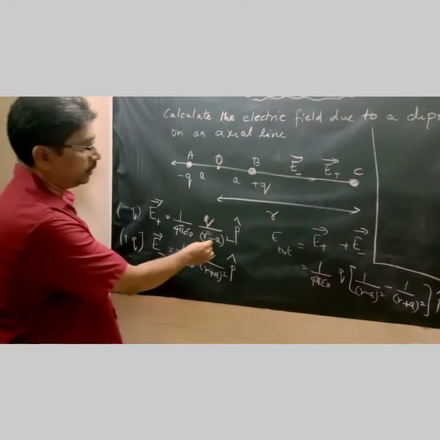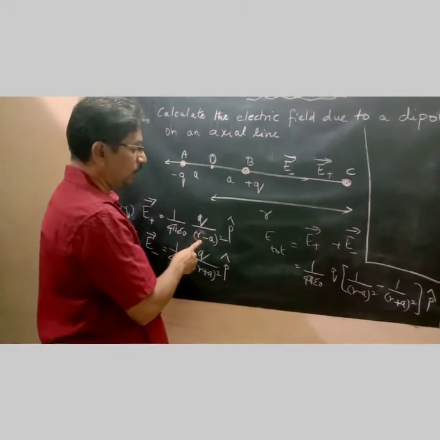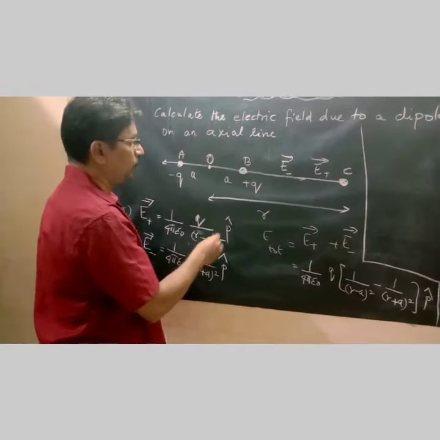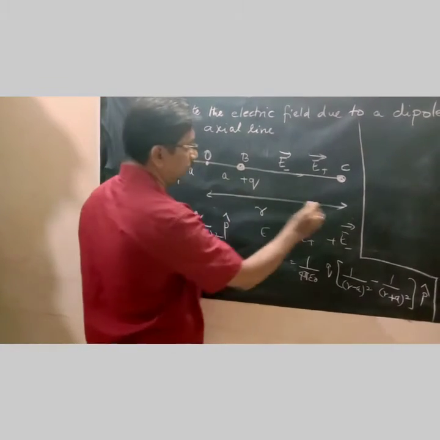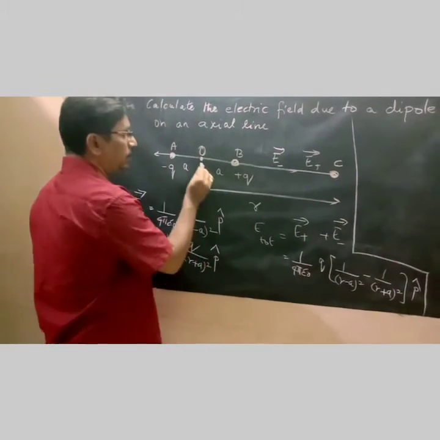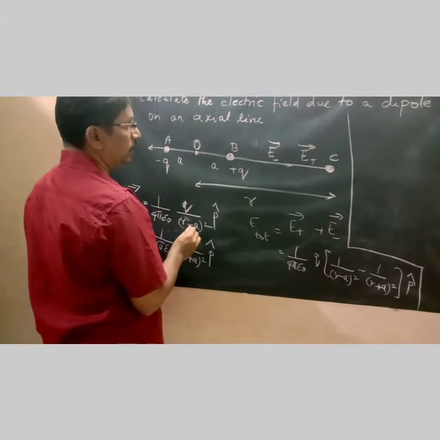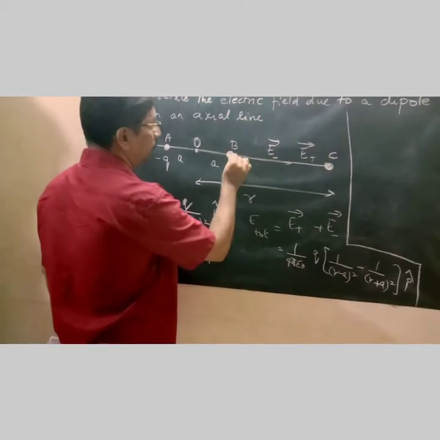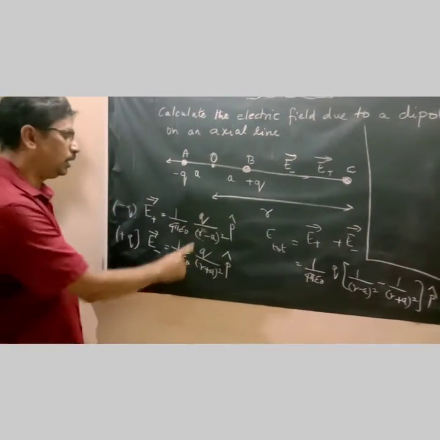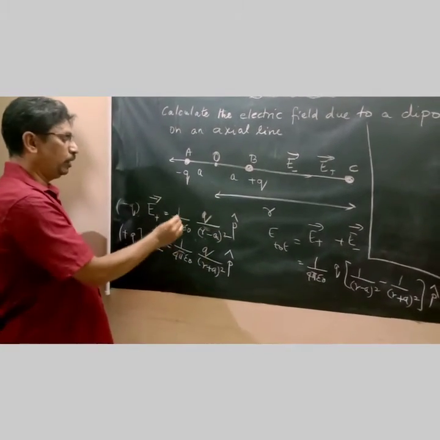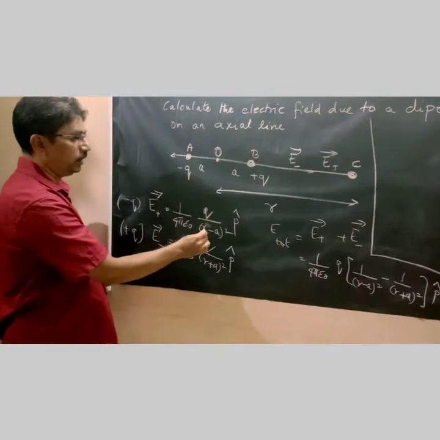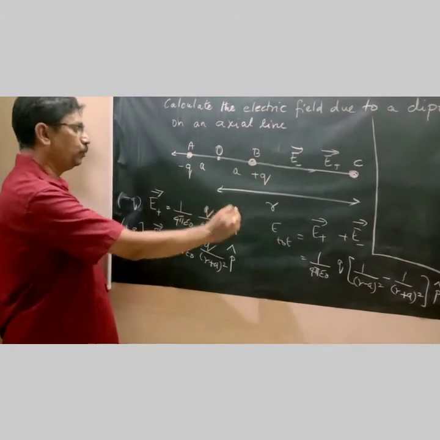Instead of R square, we replace it with R minus a the whole square, because this is the whole distance R and this distance is a. So R minus a the whole square is the distance between B and C. So the field is 1 by 4 pi epsilon naught into Q by R minus a the whole square into P vector.